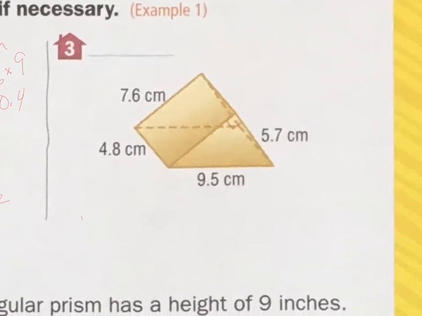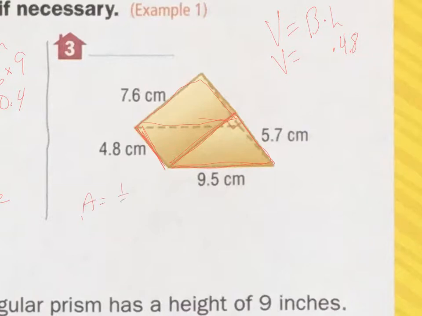Okay. Another triangular prism. Here's my triangular base. I need to find the volume. Volume equals the area of the base times the height. One base to the other base is, this is the height. So I know h is 4.8 times some base equals this. I need to take this triangle right here and find the area.